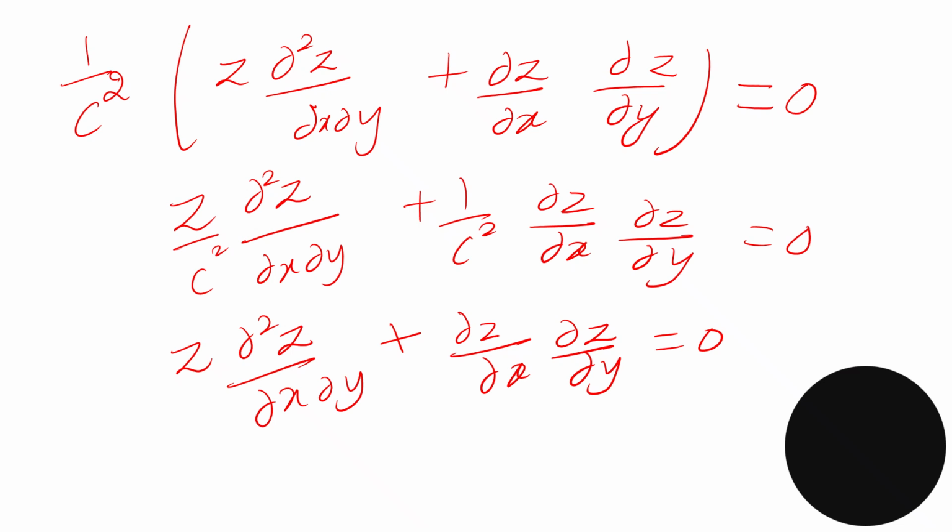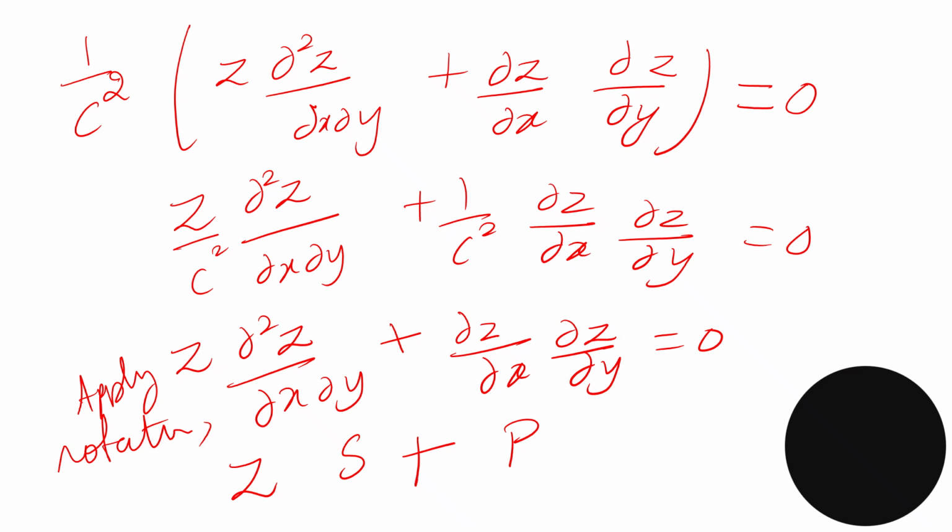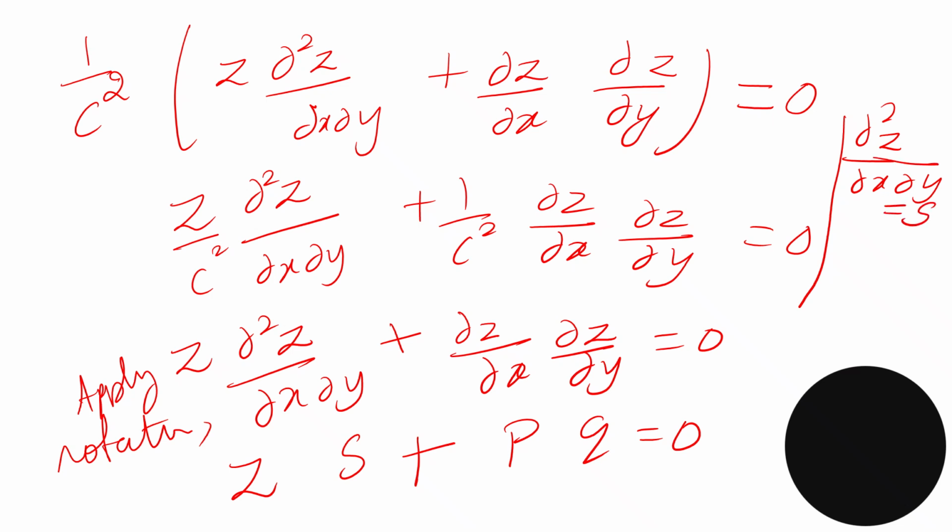Now apply the standard notations here: zS + PQ = 0, which is the required PDE. What are the notations? ∂²z/∂x∂y represents S, ∂z/∂x is P, and ∂z/∂y is Q. So this is the required PDE.